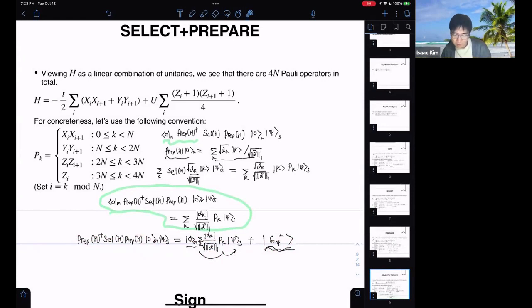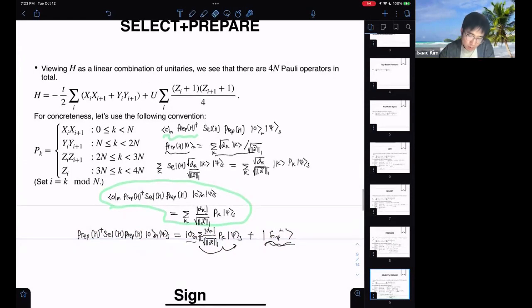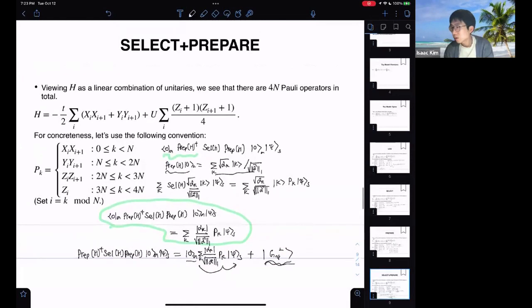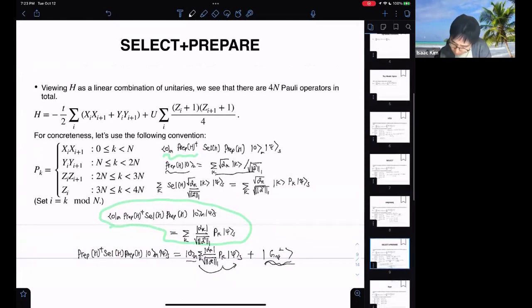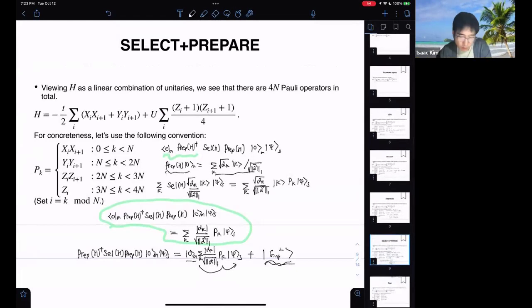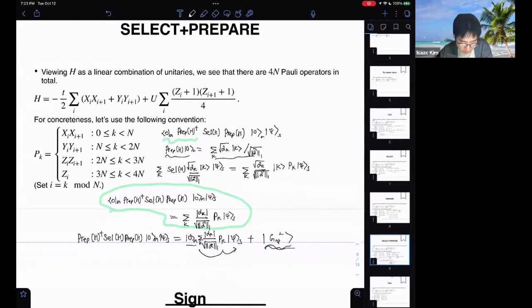These are automatically taken care of. Okay. Any questions at this point? Okay, so I'll continue.